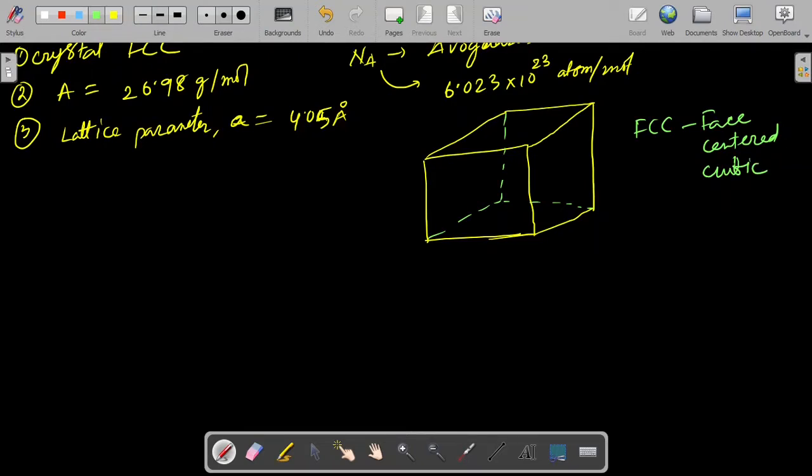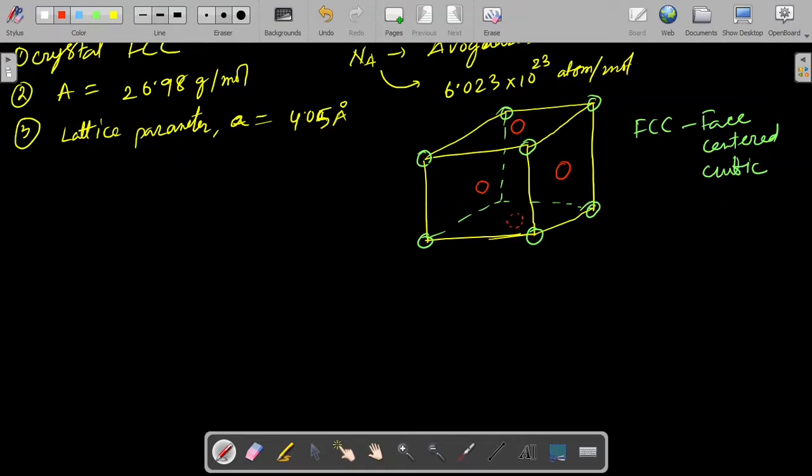That's a cube. The atoms would be sitting at the 8 corners available, and also they will be at the center of the faces. How many such faces are there? 6 different faces are there.